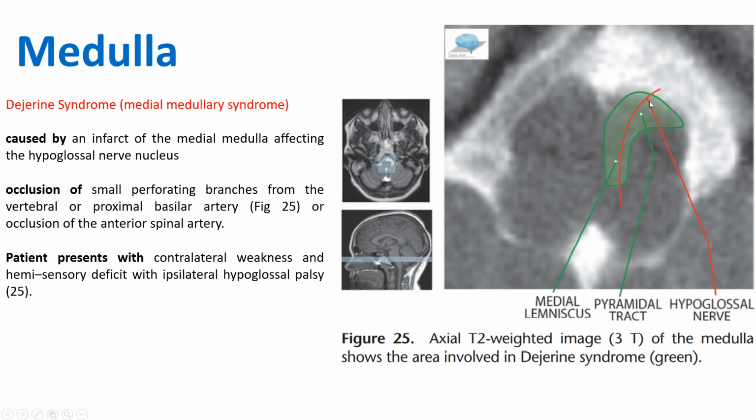So in the medial medullary syndrome, we have affection of the pyramidal tract in addition to the hypoglossal nerve. This is due to affection of the hypoglossal nerve extending from the anteromedial sulcus of the medulla.